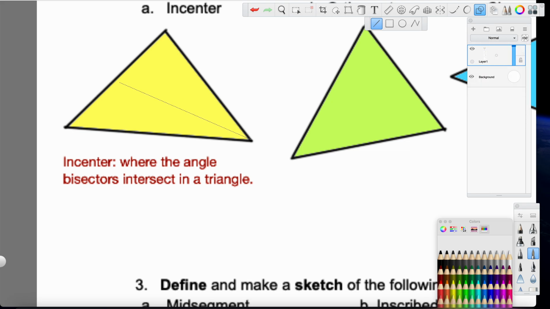So angle bisectors, let's see. Let's get a different color here. Here's one. Here's another. Let's do doubles on these.